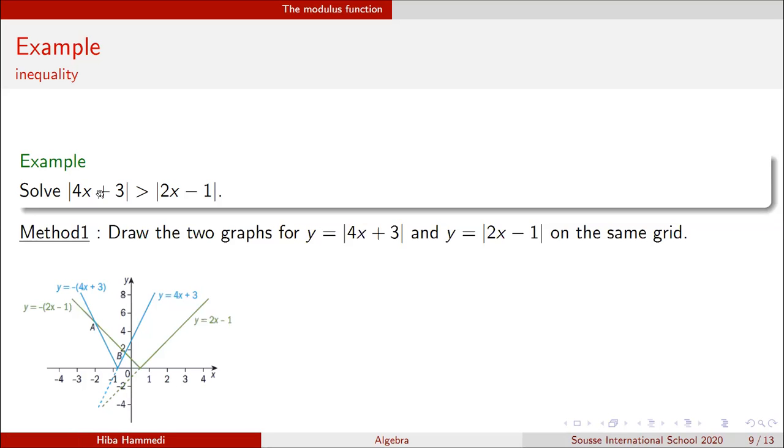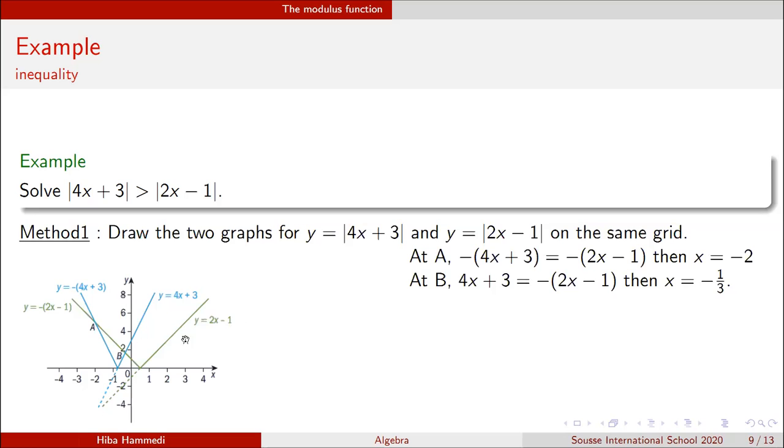And since I need to solve mod 4x plus 3 is more than mod 2x minus 1, it means I need to get the regions where the graph for mod 4x plus 3 is on top or is above the graph for mod 2x minus 1.